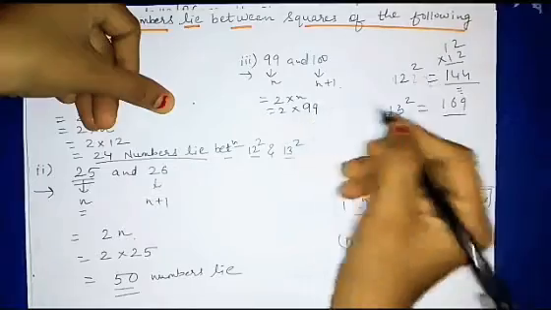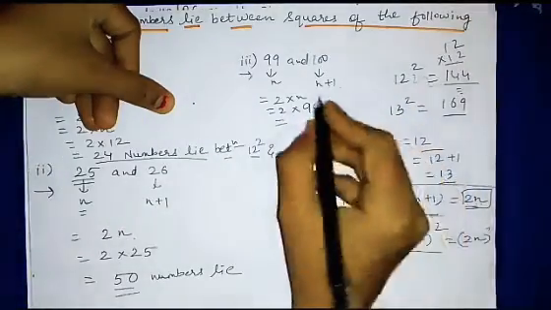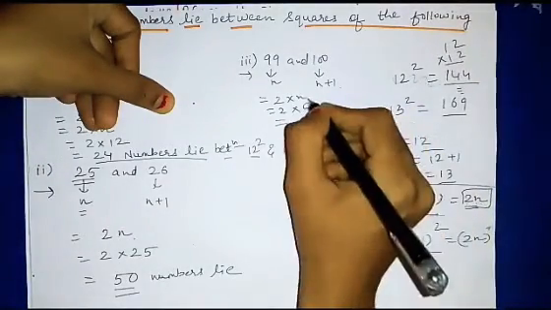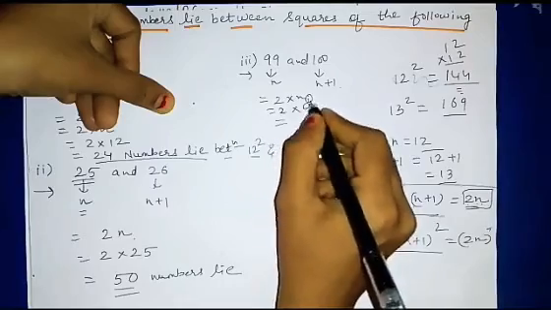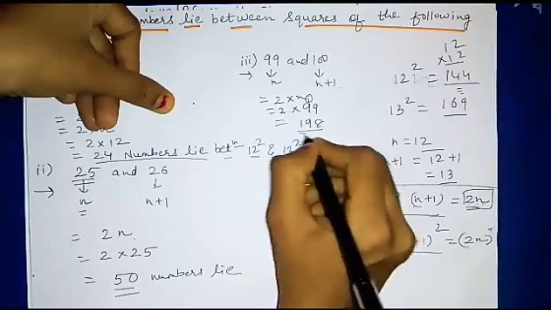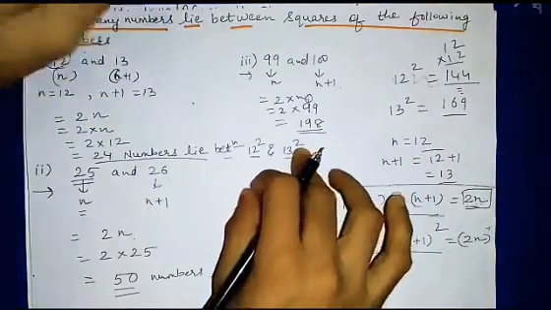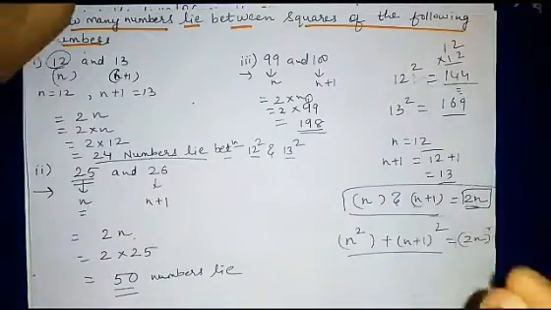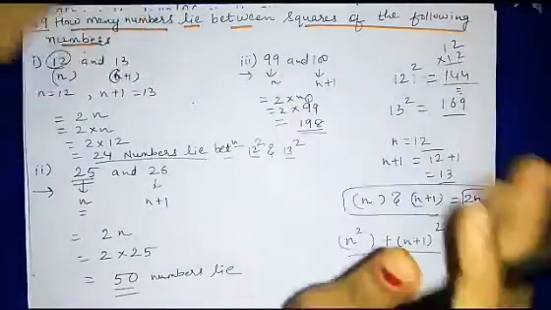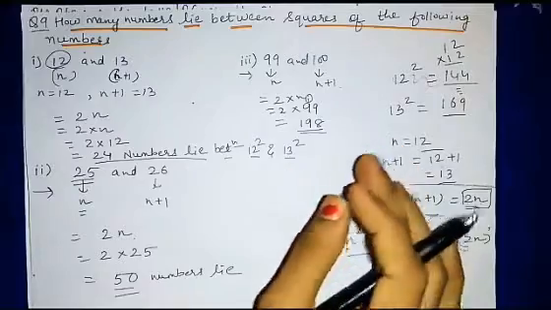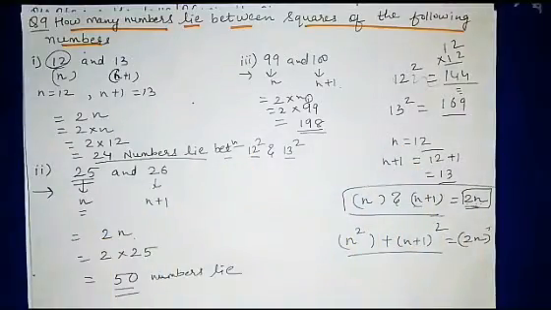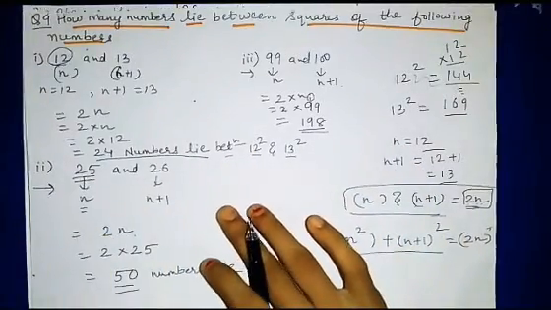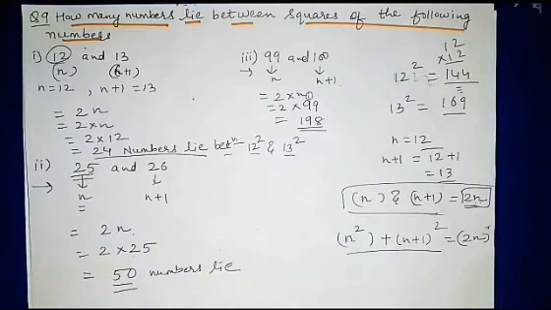So 2 into 99. 2 9s are 18, carry 1. 2 9s are 18 and 1, 19. So 198. So a total of 198 numbers lie between the squares of 99 and 100. So this was the last question of exercise 6.1, question number 9. Hope you understood this question.